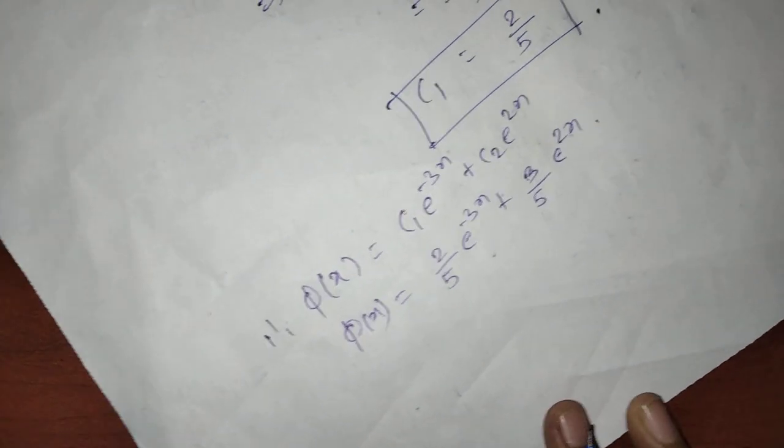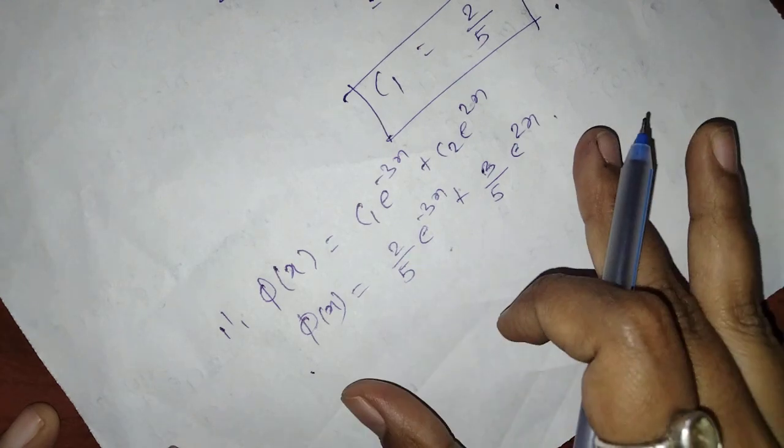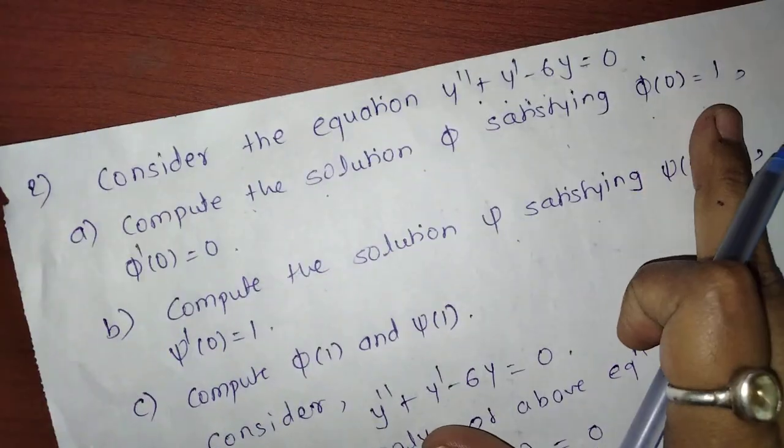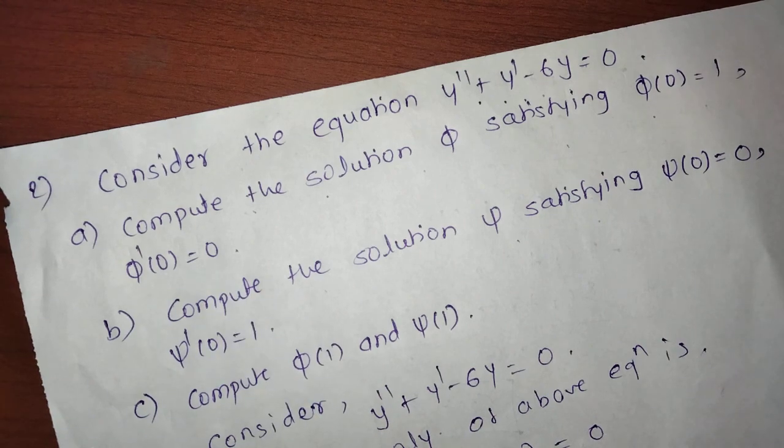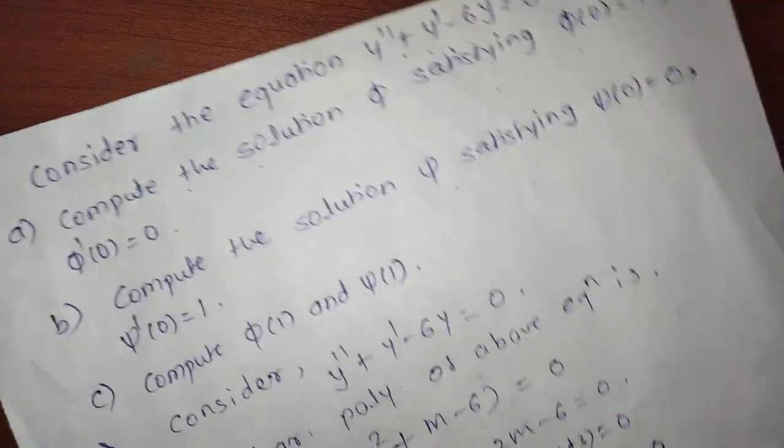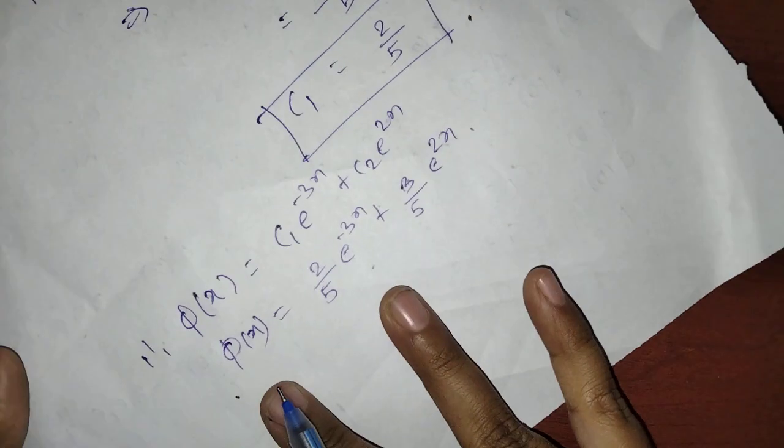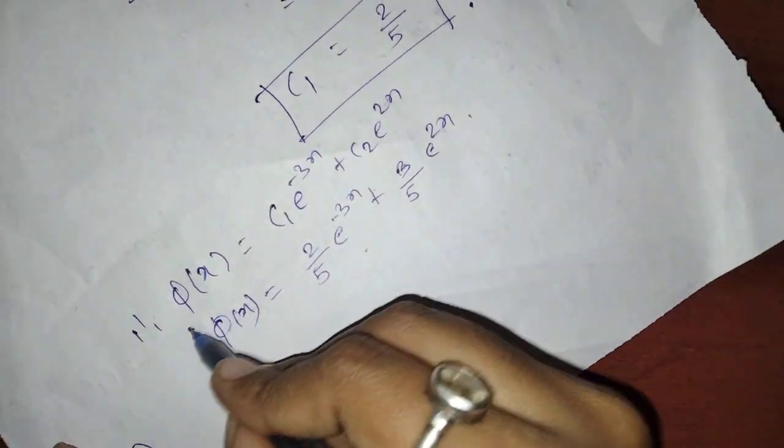So phi(x) equal to this is a solution satisfying phi(0) = 1 and phi'(0) = 0. Now for the second, take psi(x) equal to, for b we have phi(x) equal to this.